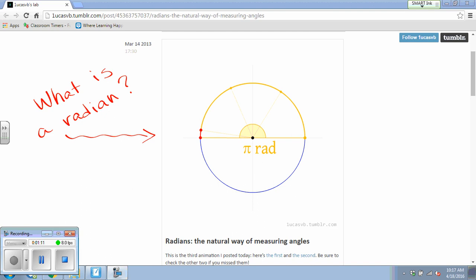When you get right here, that's pi radians, because it's 3 and a little bit radians. Every single time. It doesn't matter how big or how small the circle is. Pi is a direct ratio of the circumference divided by the diameter.